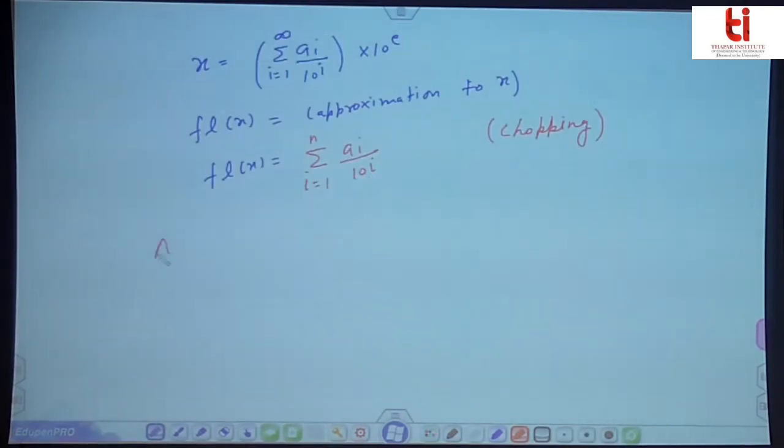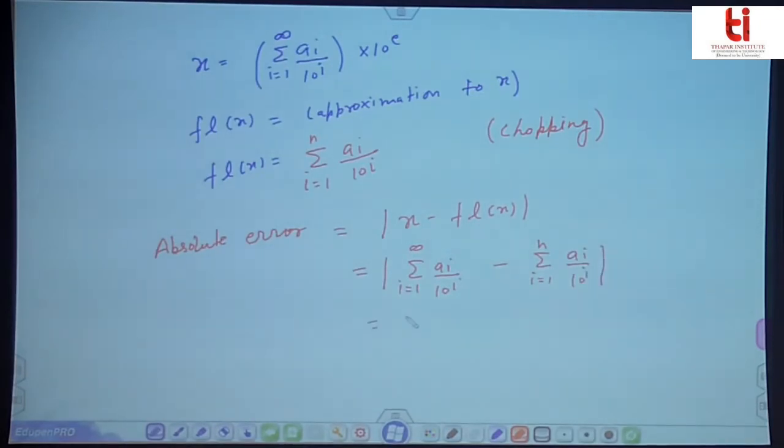What we have to compute is the absolute error. So the absolute error is the mod of x minus fl(x). x is the summation of ai upon 10 raised to power i, i equal to 1 to infinity, minus the summation i equal to 1 to n of ai upon 10 raised to power i.